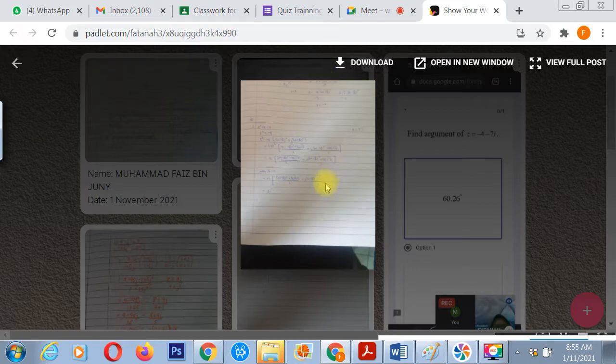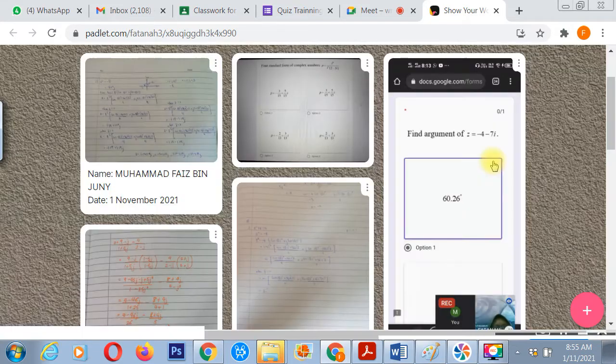Ustaz nampak lah apa you all buat ni. Kita nak besarkan ni. Ni yang saya punya ni. Ni saya punya saya buat tadi. Saya nak yang ni yang terbaru tu, yang tu power 4 tu.